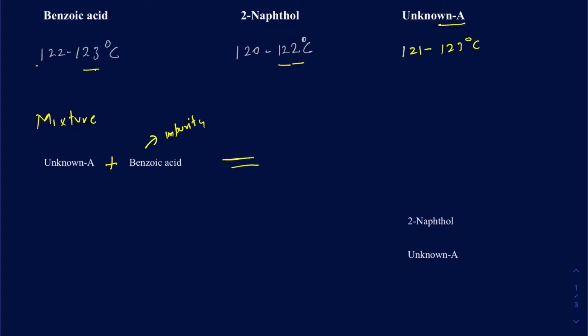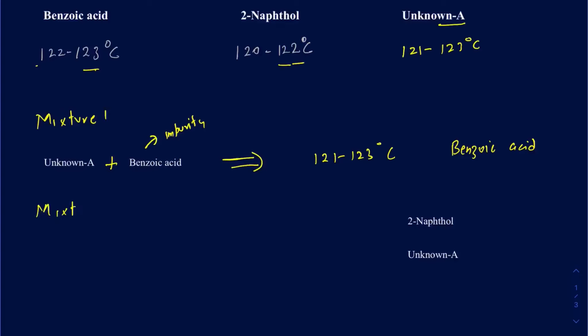Make sure you mix these two well and take the melting point. If the melting point comes out to be 121 to 123, in a very narrow range, that means your unknown compound is indeed going to be benzoic acid.